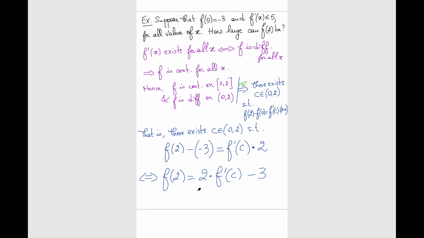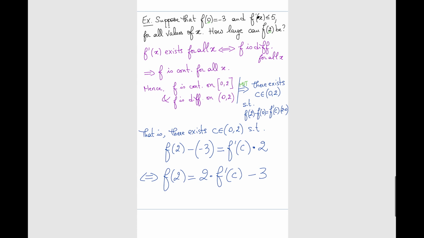Now, what do you know about f prime for all x? F prime, the derivative of f at any point, is at most 5. So how large can f prime of c be? At most it can be 5, right? So what can you say about twice that? It's twice 5, which means at most 10.